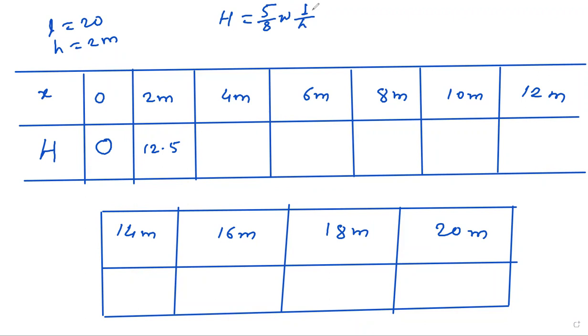So take 1 by h, not L by h, 1 by h. That's why the values are increasing. Make the correction. It is 1 by h, not L by h. Now tell me the value at 2 meter.